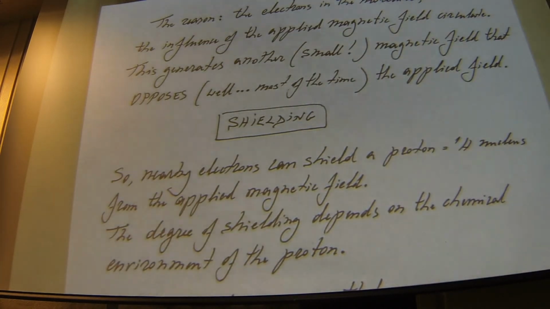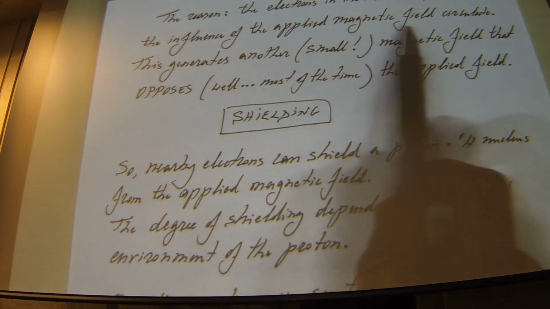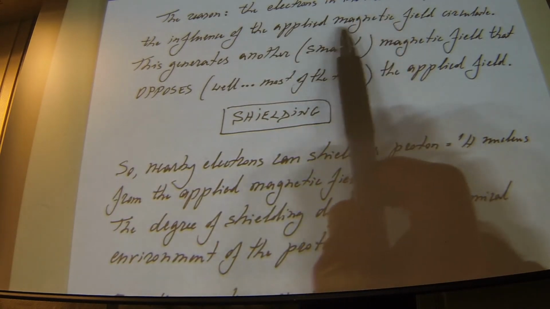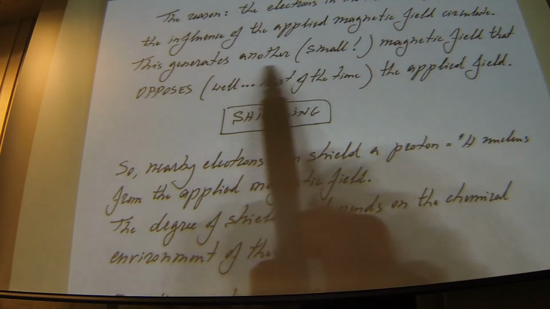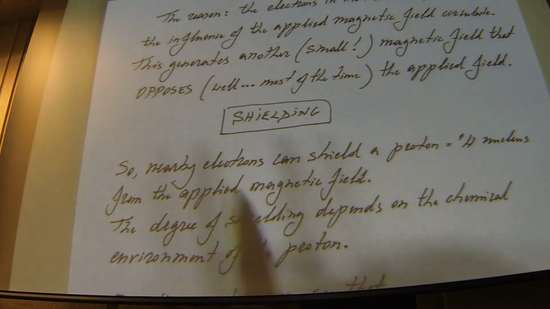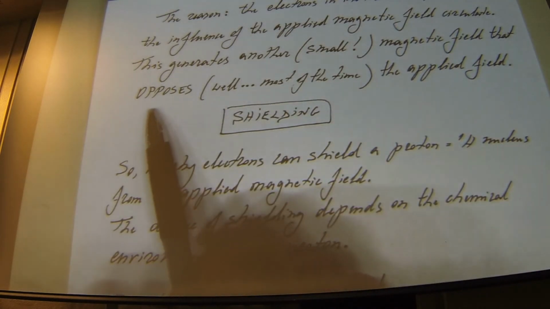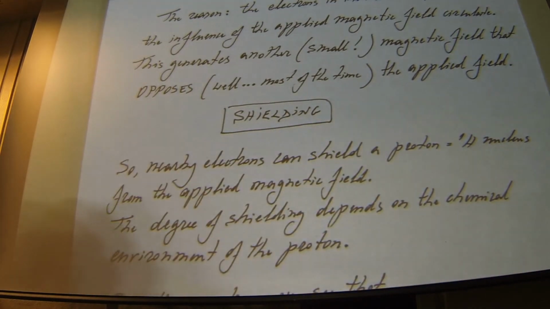Okay, now sometimes not opposed, sometimes it augments it. We'll see why. But most of the time, the applied magnetic field will generate another very small magnetic field in the vicinity of the proton that opposes the applied magnetic field. Most of the time it opposes. As I said, we'll see examples where it augments it too, but most of the time it opposes.